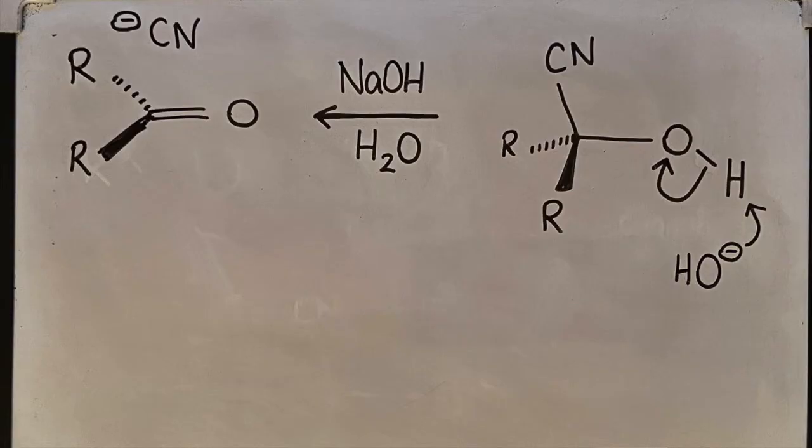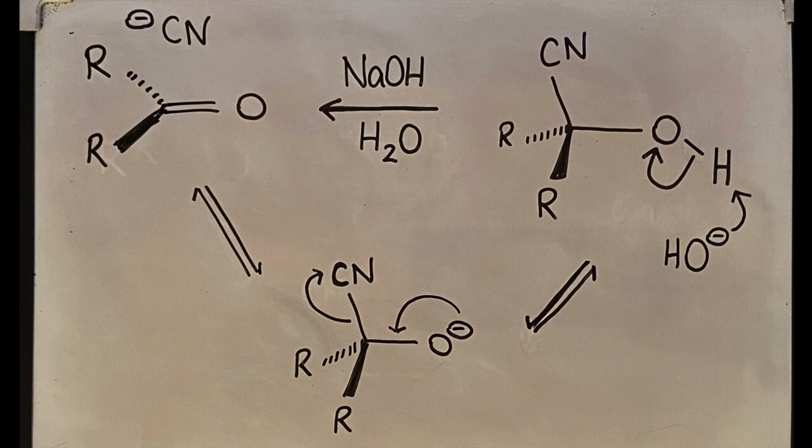We have a base, sodium hydroxide, which will react with the most acidic hydrogen in the molecule. The most acidic hydrogen would be the one attached to oxygen due to a greater difference in electronegativity. The base will accept the acidic proton, which places a negative charge on oxygen. This negative charge can push down to the carbon, which kicks out the cyanide leaving group.